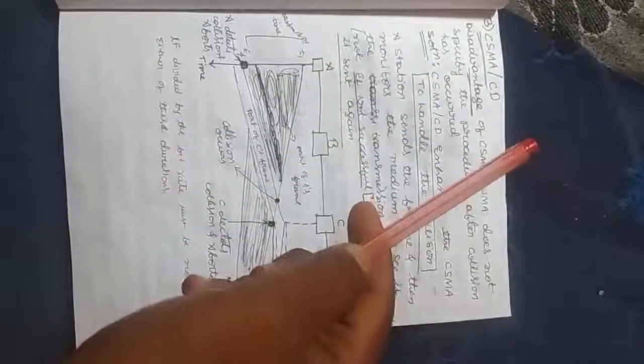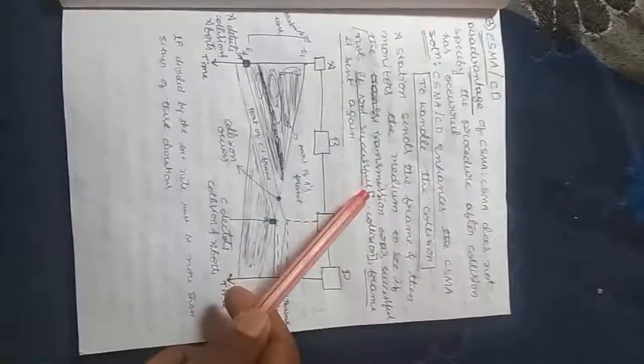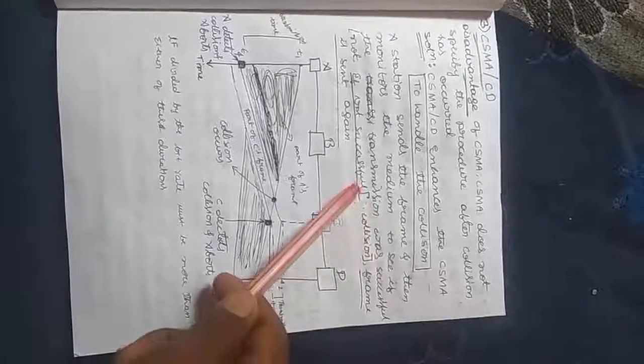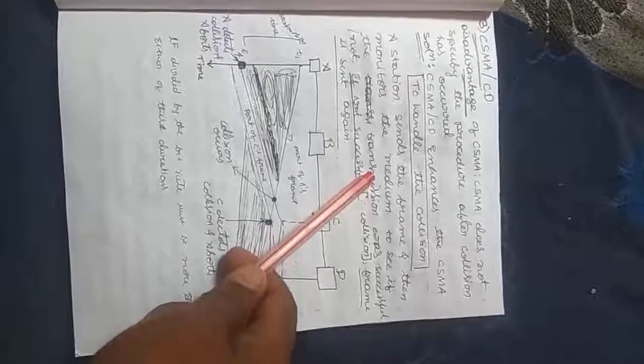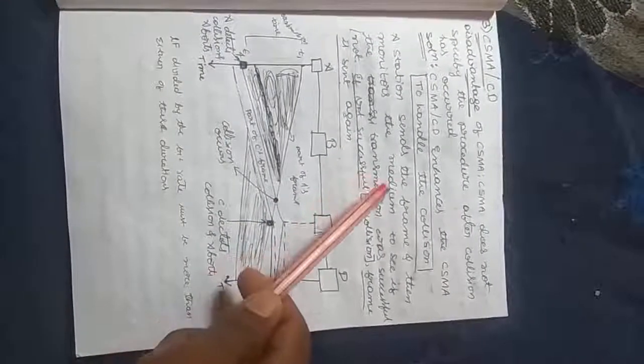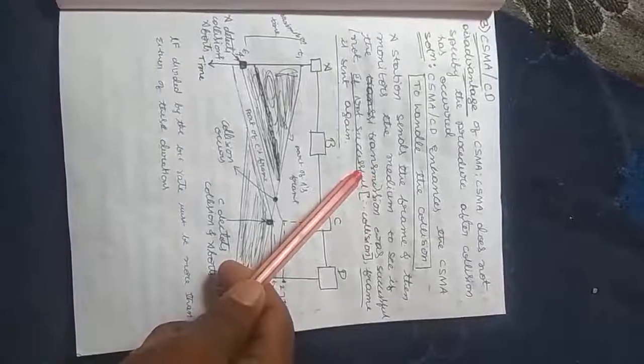If the transmission is not successful, that means a collision has happened. In that case the same frame is sent again.